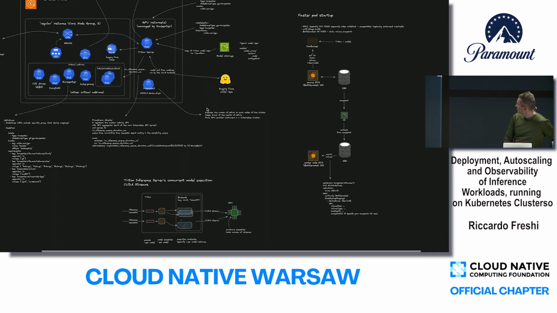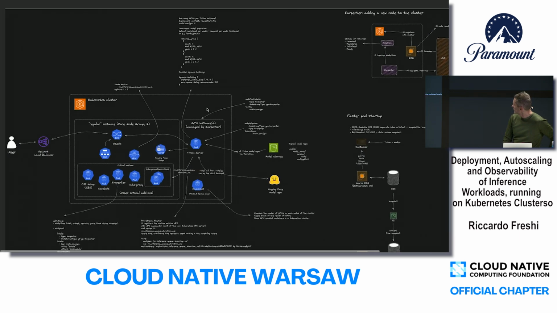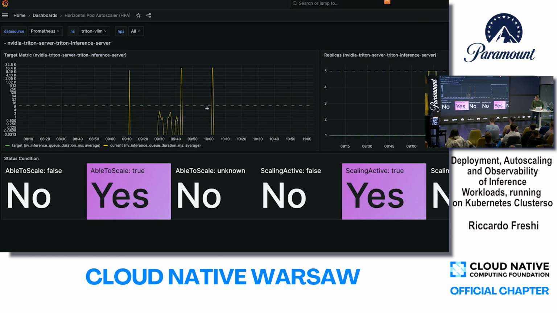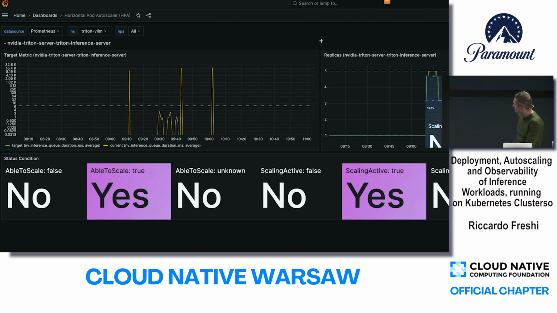Okay, so I think I have shown you everything that I wanted to. Now let me maybe just show you, I have a few minutes, a small example of what I mentioned before in relation to the autoscaling based on the metric.